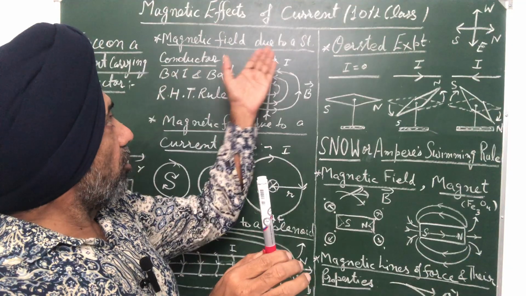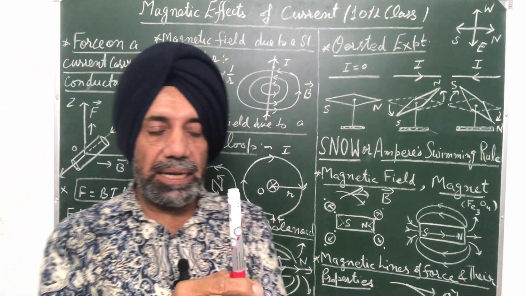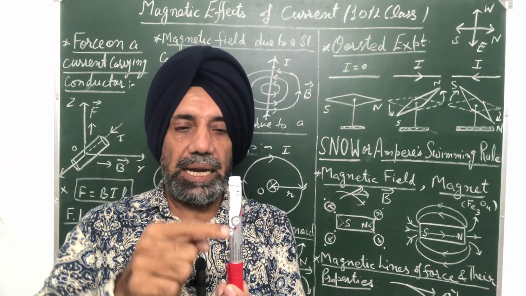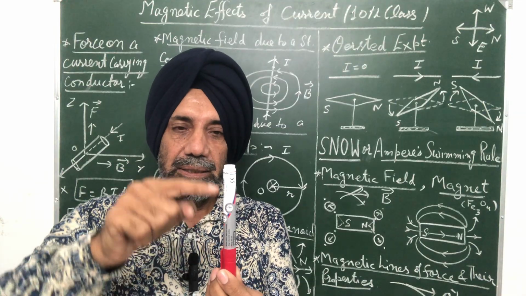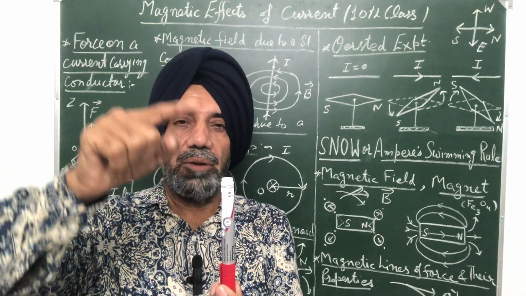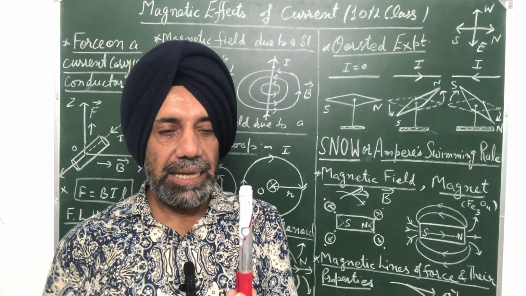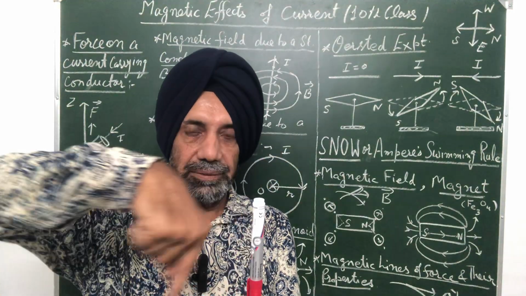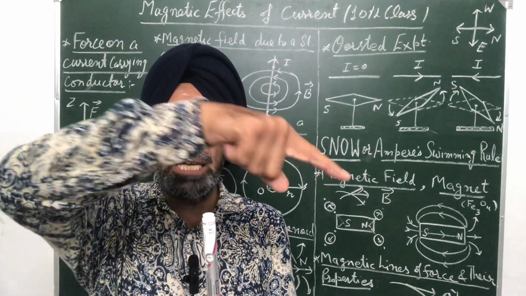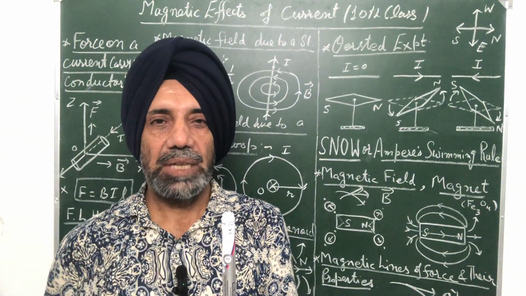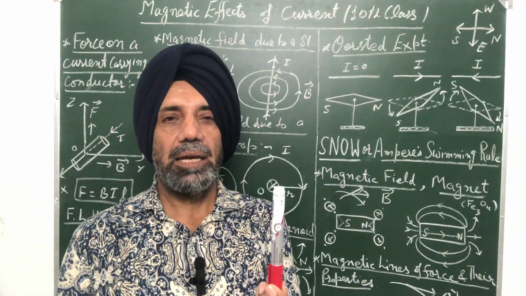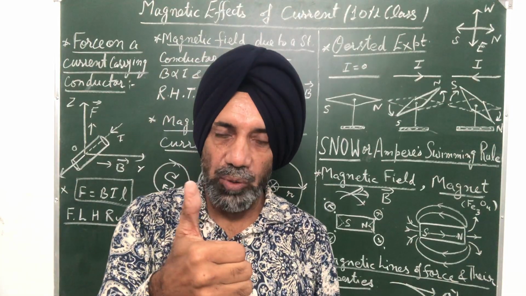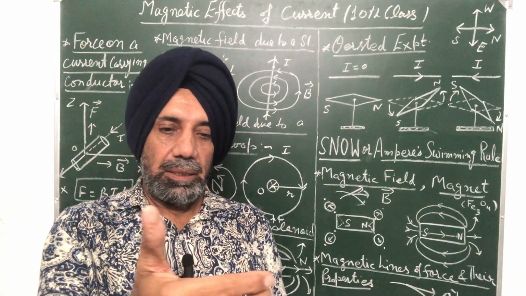So how do we know the magnetic field due to a straight wire carrying current? Then the magnetic field will encircle the wire in circular concentric loops, and the direction of the magnetic field is given by the right hand thumb rule. Now, what is the right hand thumb rule?